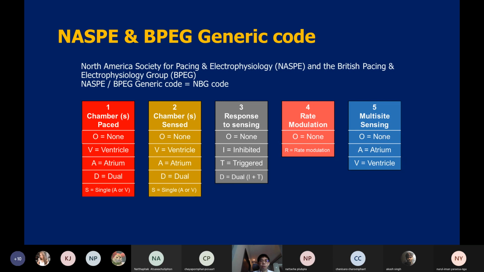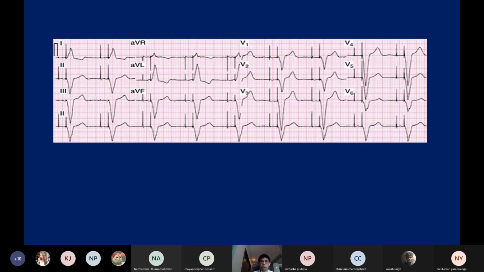In clinical practice, we usually use only 3 to 4 codes to describe a pacemaker, because most pacemakers do not use multi-site sensing. Okay, so this is the first example. Can anyone tell me what this pacemaker is?